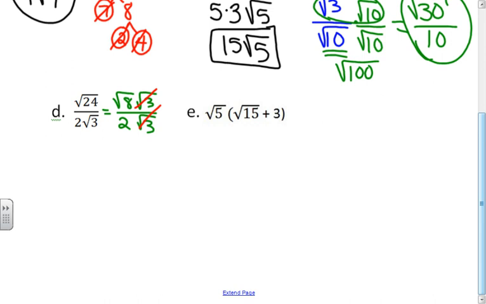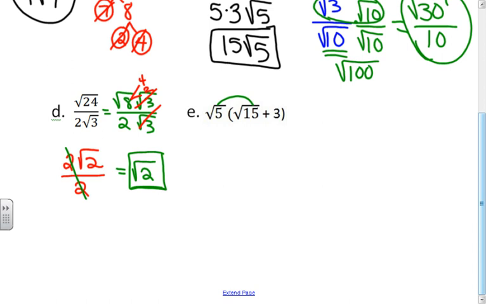Now 8 still has a perfect square in it because 8 is 4 times 2. So 8 becomes 2 square roots of 2 over 2. And then those 2's cancel, and I'm left with the square root of 2. Now you could go ahead and rationalize the denominator, multiply top and bottom by 3. You're just going to have more canceling to do, but you will end up with the same answer.